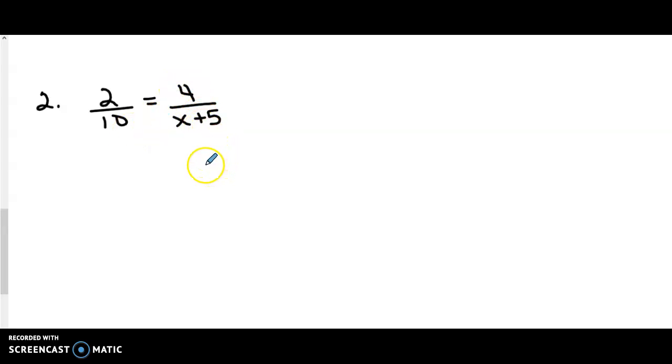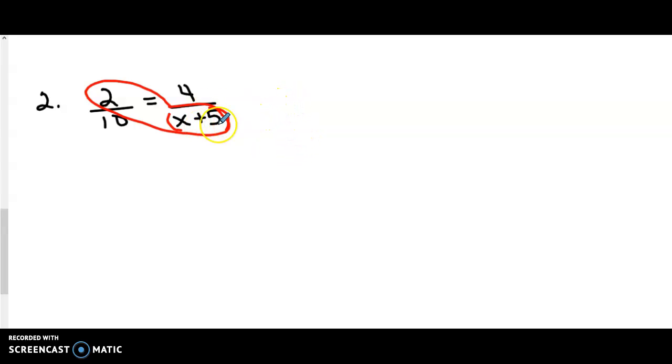So step 1 says to cross multiply. So we are going to multiply 2 times x plus 5. Now we're not multiplying 2 just by x or 2 just times 5. We have to multiply 2 times x plus 5. So I'm just going to put that in parentheses because it's a group.